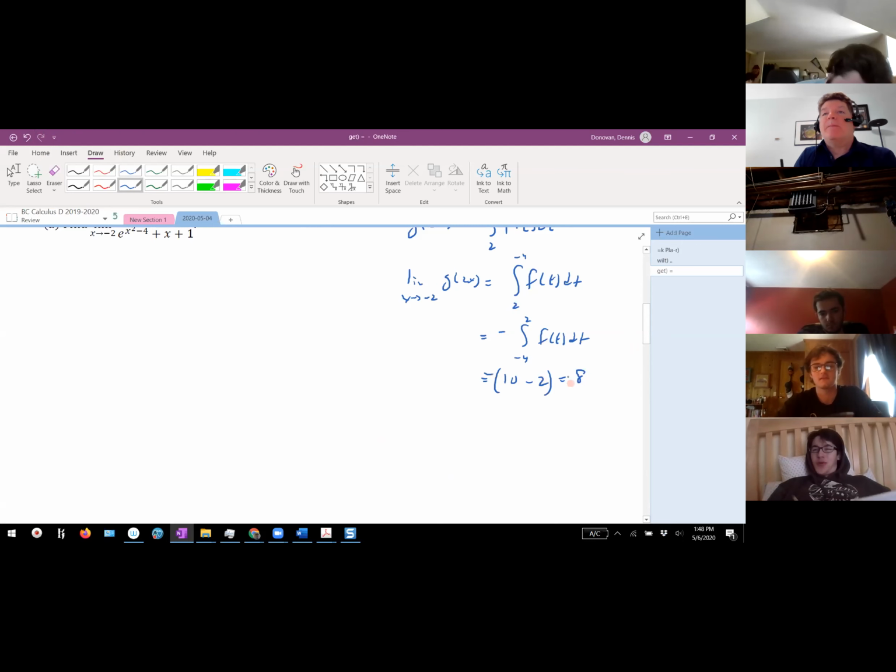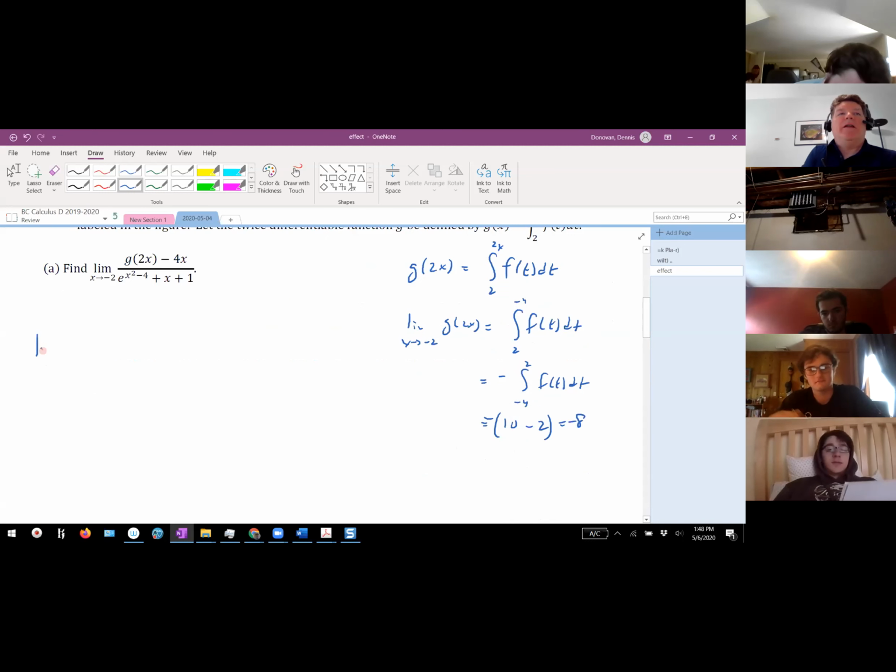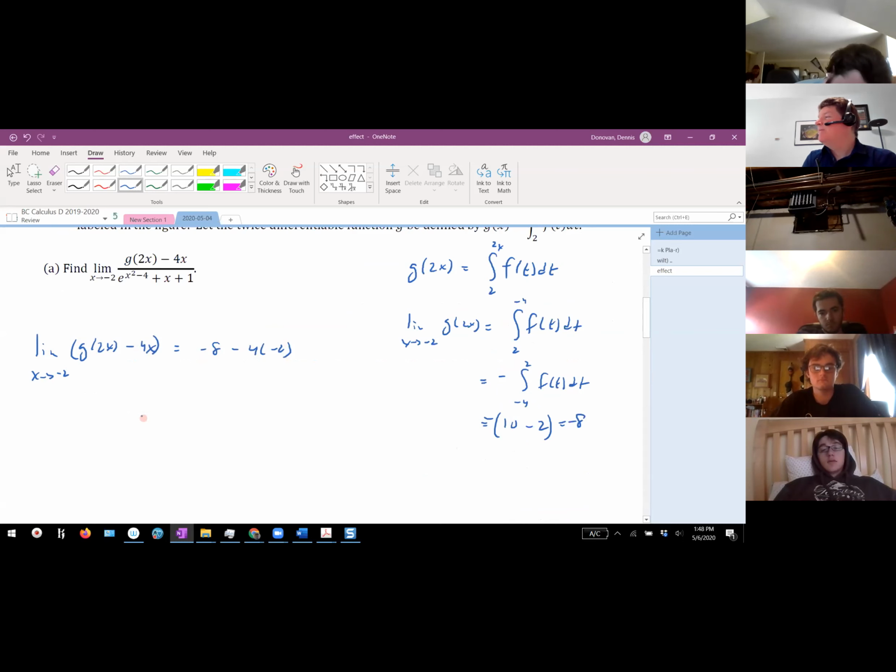So the limit as x approaches -2 of g of 2x minus 4x is equal to -8 minus 4 times -2, which is 0.